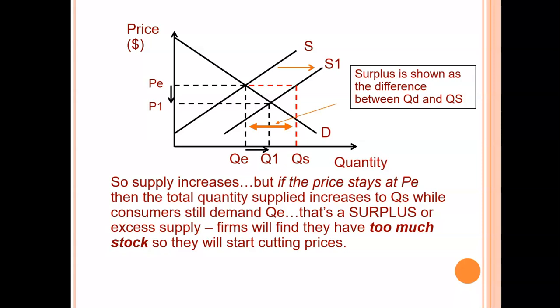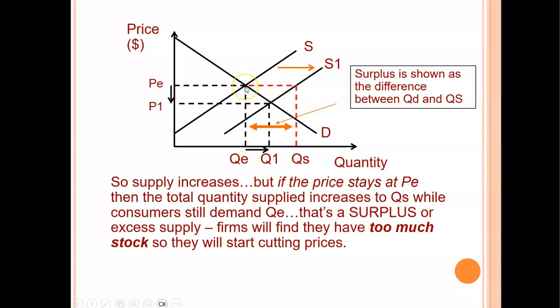So in reality, the price might initially stick at price PE, the original price. But what happens then? If you go across at price PE, the quantity supplied now shifts to QS at price PE.